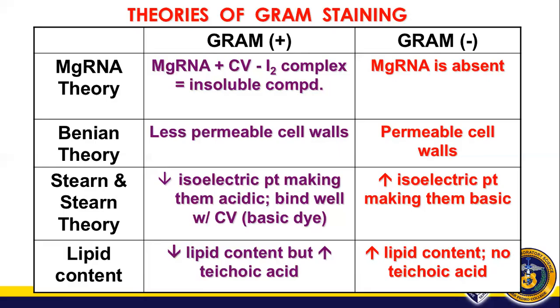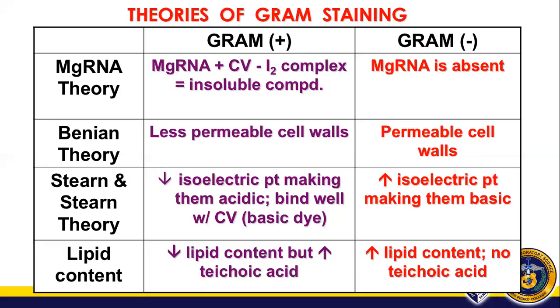That's why the purple color is removed and replaced by the red color of the safranin. Also, the high isoelectric points of the gram-negative cell walls make them basic, and that is basically responsible for them not being able to attach to the crystal violet iodine complex.